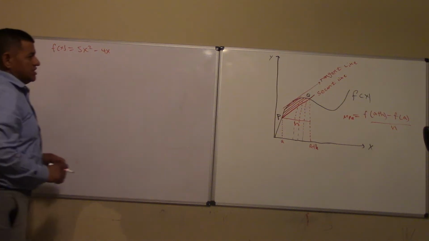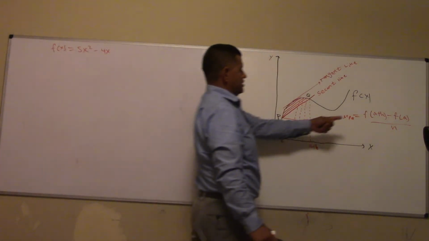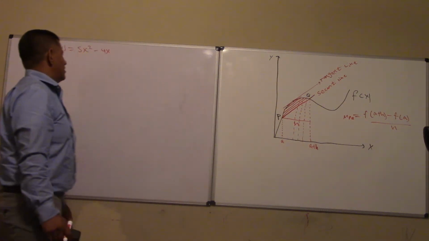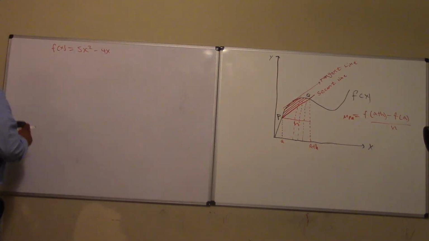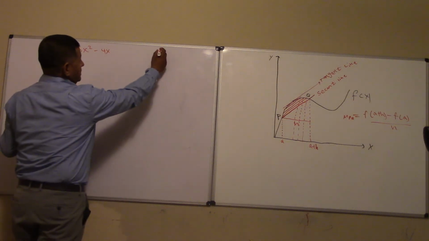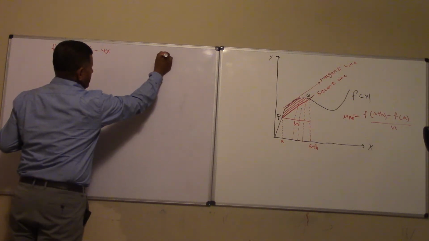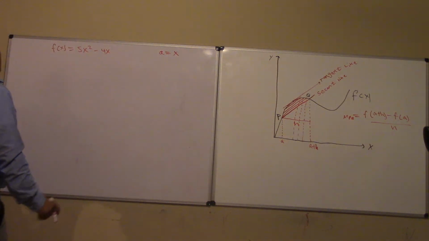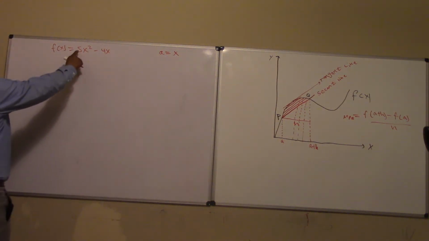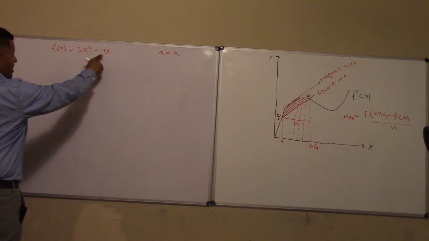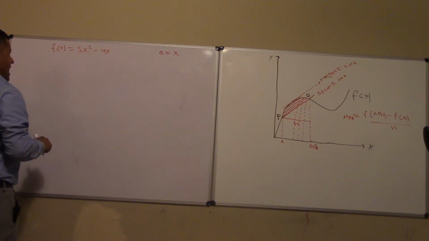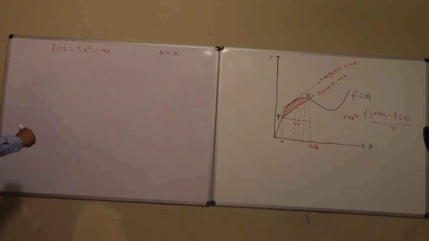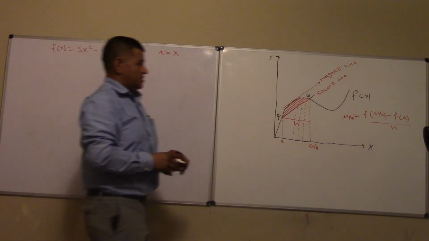And we will still use this definition of the derivative, right? So we say that a is equal to x, right? In that formula, whenever I see an x squared or an x, I will substitute a plus h.